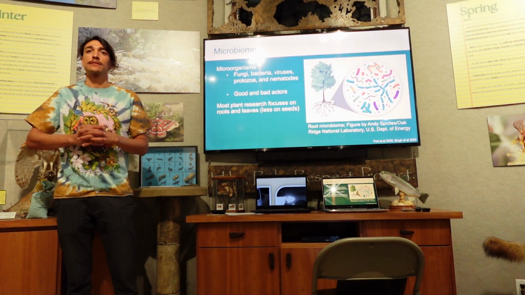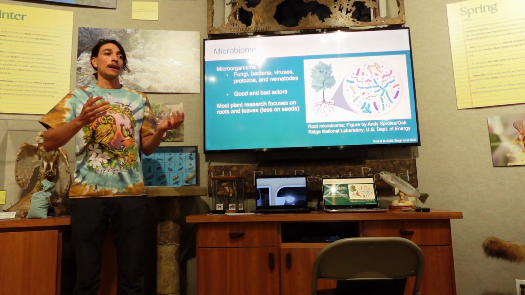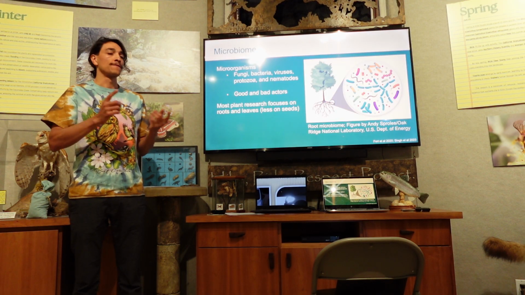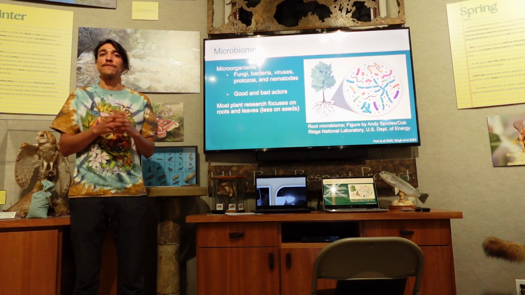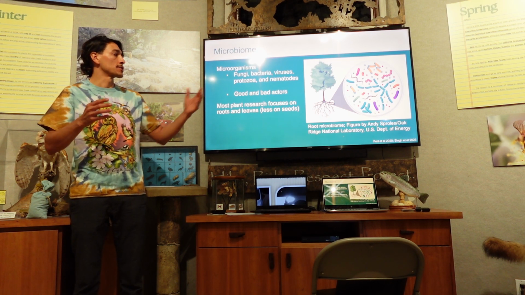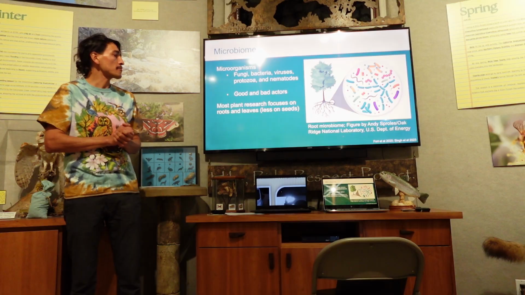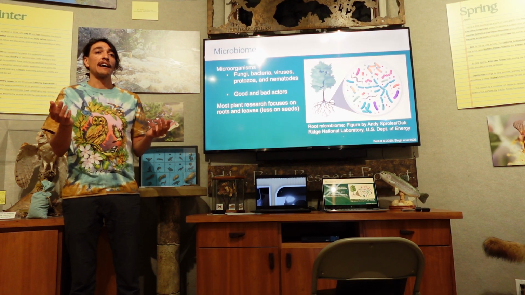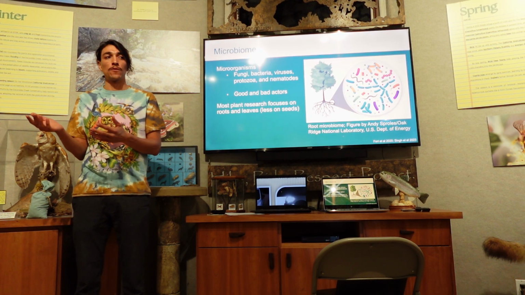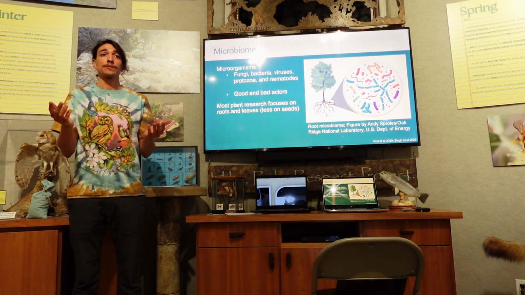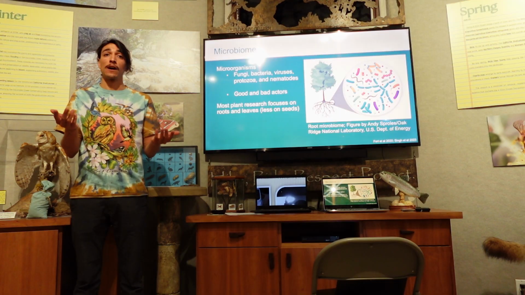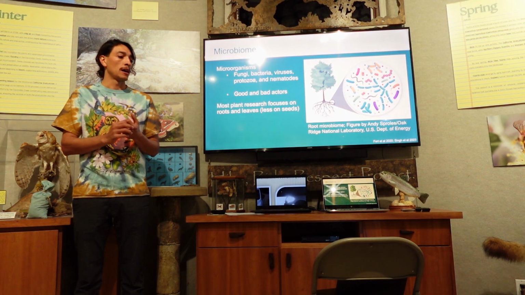And the microbiome consists of a variety of microbiota, such as fungi, viruses, bacteria, and more, that all inhabit different parts of the host organism, such as the roots pictured here. And within the microbiome, we have both beneficial and harmful microbes, which interact with and influence different parts of the host biological functions, like their immune system or metabolism.